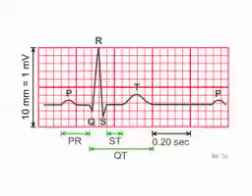Atrial repolarization usually occurs at the same time as ventricular depolarization, that is, at the same time as the QRS wave, and therefore atrial repolarization is usually not seen.